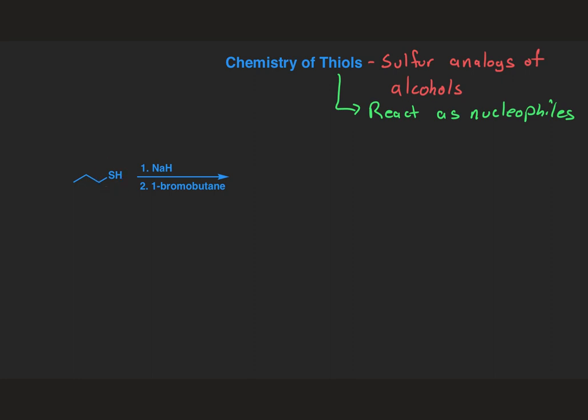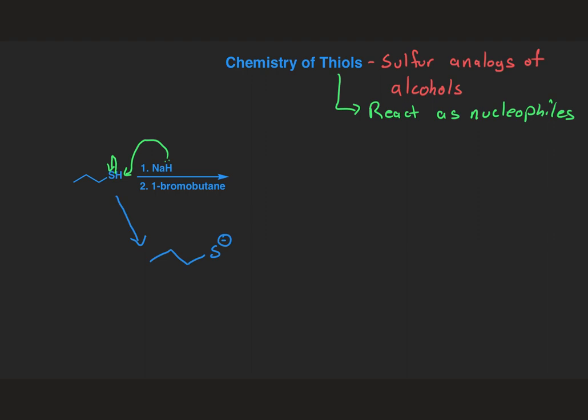And so if you react that with a base like sodium hydride, the first thing that's going to happen is that the electrons on this hydride are going to attack that H, and the electrons in the SH bond are going to be given to the sulfur. And so you would get an intermediate after step one that looked like that.